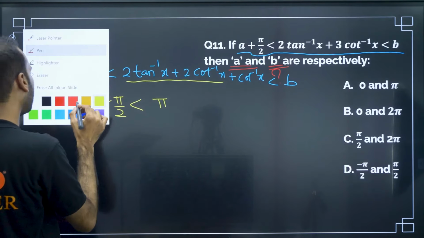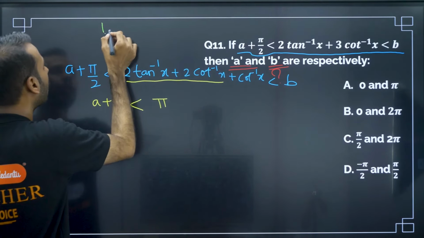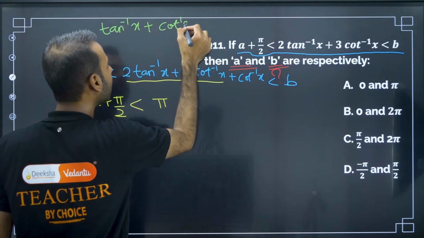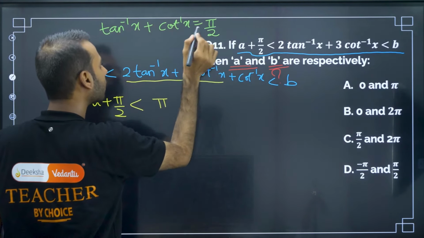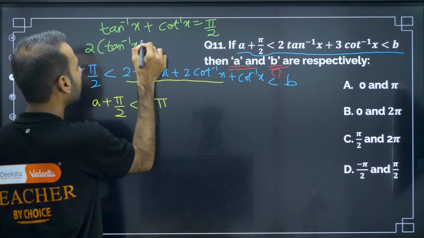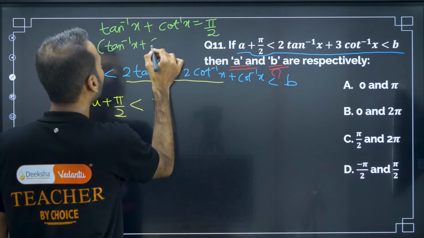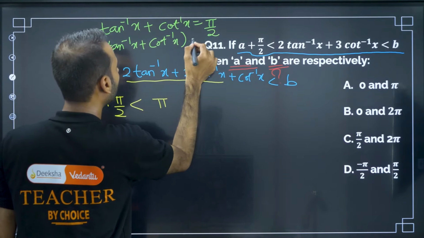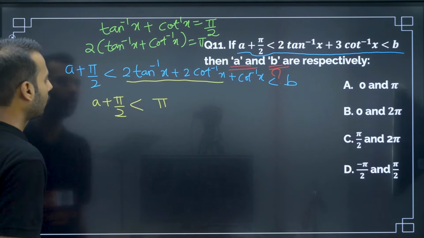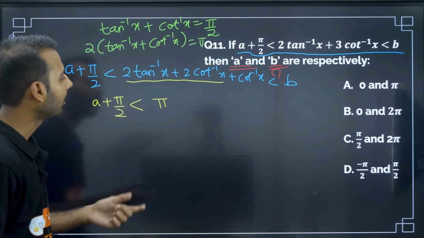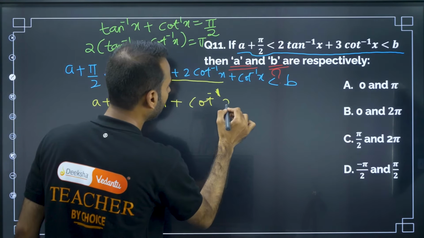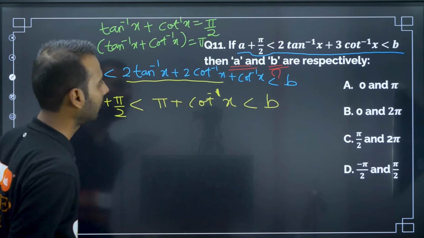The reason why I am writing pi: one synopsis point should come to your mind. Tan inverse x plus cot inverse x is equal to pi by 2, so 2 tan inverse x plus 2 cot inverse x is equal to pi. So a plus pi by 2 is less than pi plus cot inverse x less than b.